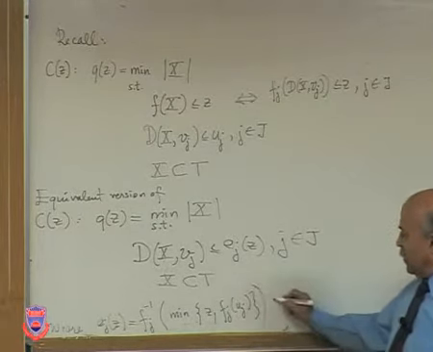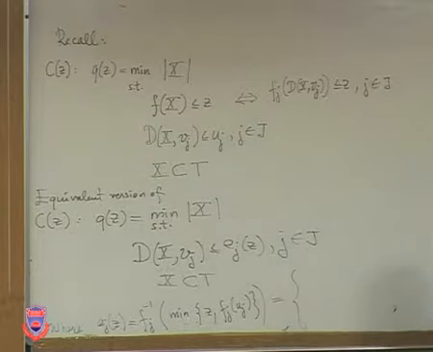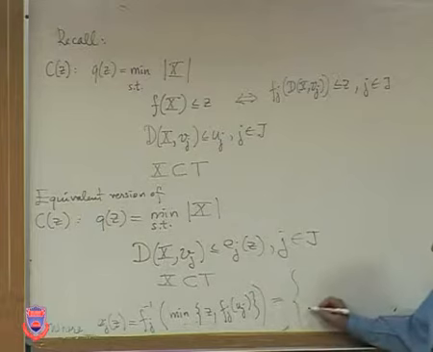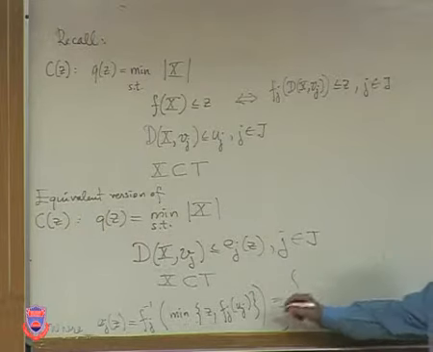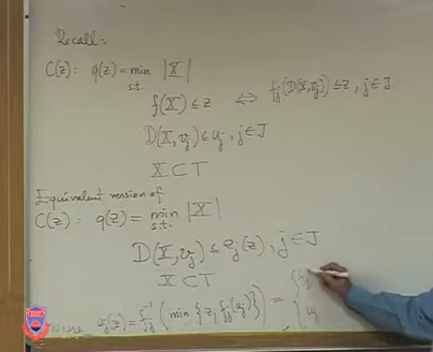This function will output either uj or fj inverse of z.